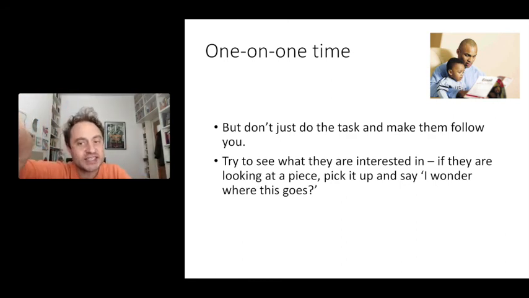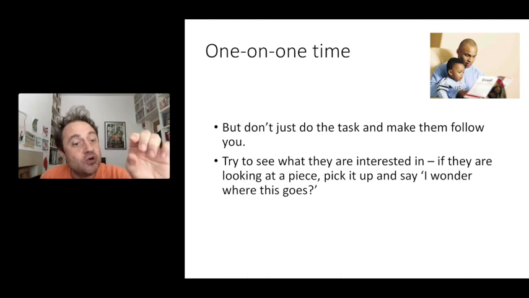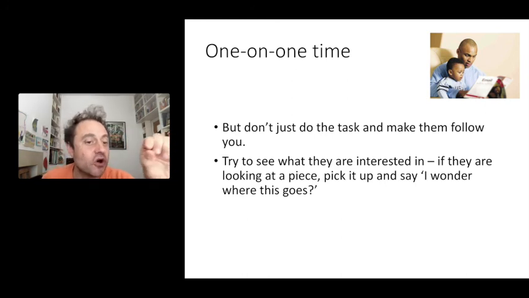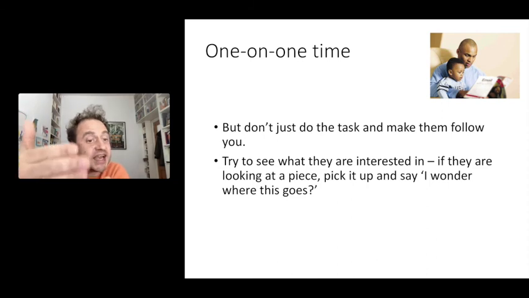You're trying to see which of the pieces they're interested in, and if they are interested in it, you pick it up and you help them to stay focused on the thing that they want to be focused on anyway. And there's three-way sharing of attention. It's really, really tricky to do. So what you're doing is you're seeing them start to develop an interest, and then you're helping them to sustain their attention onto it for a longer period of time than they otherwise would.